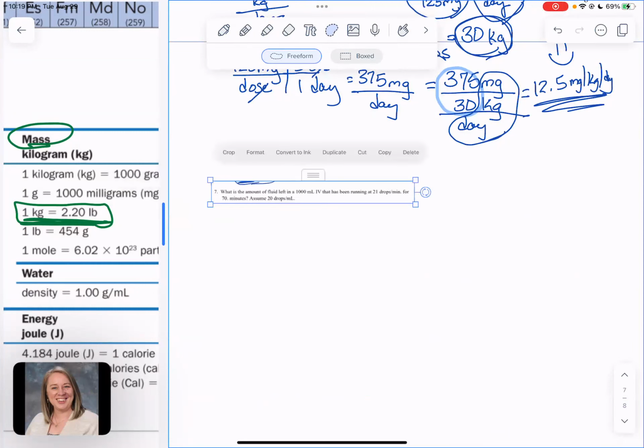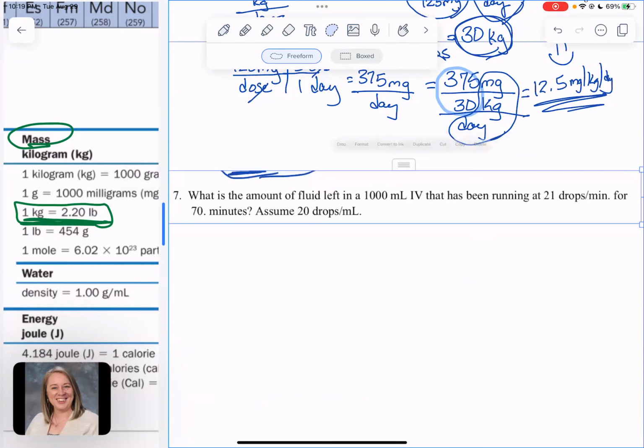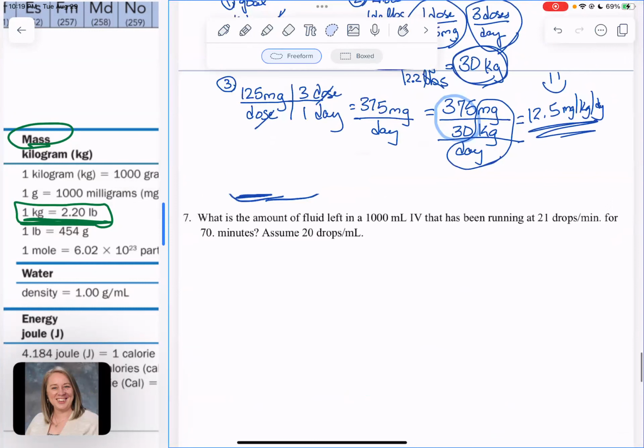Paste. Okay. All right. So what is the amount of fluid that is left in a 1,000 milliliter IV that's been running at 21 drops per minute for 70 minutes? Assume 20 drops per ml. Okay. What's my goal? Number one, what's my goal?